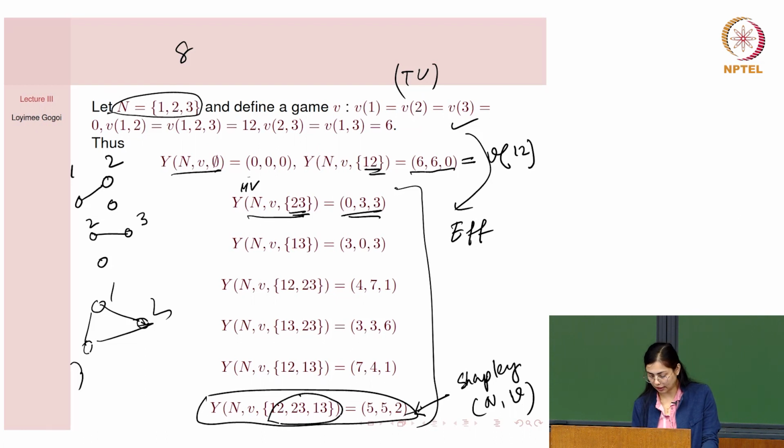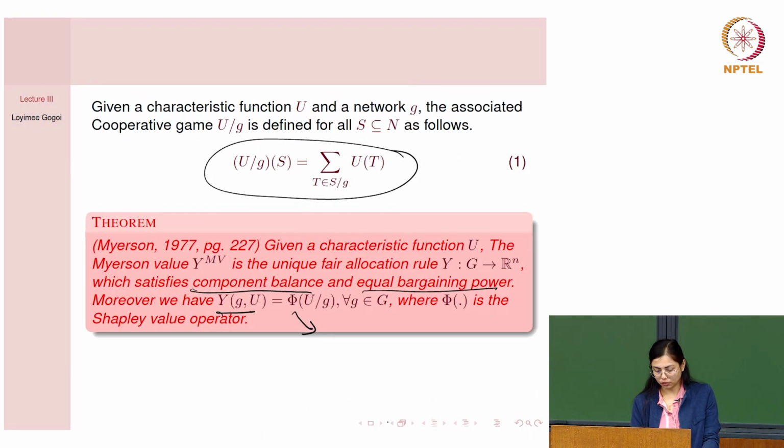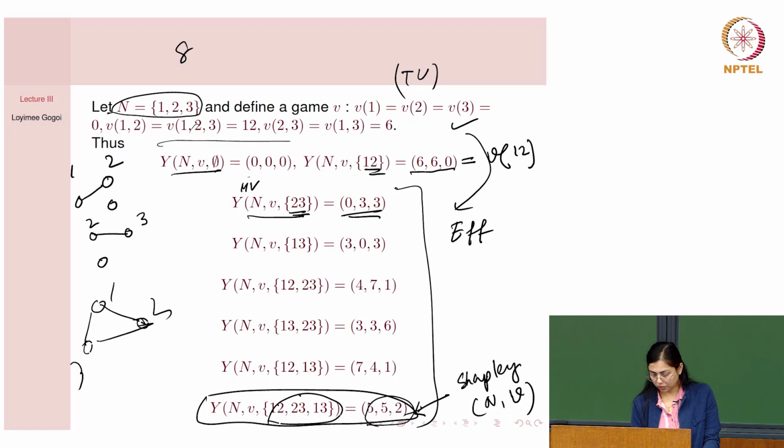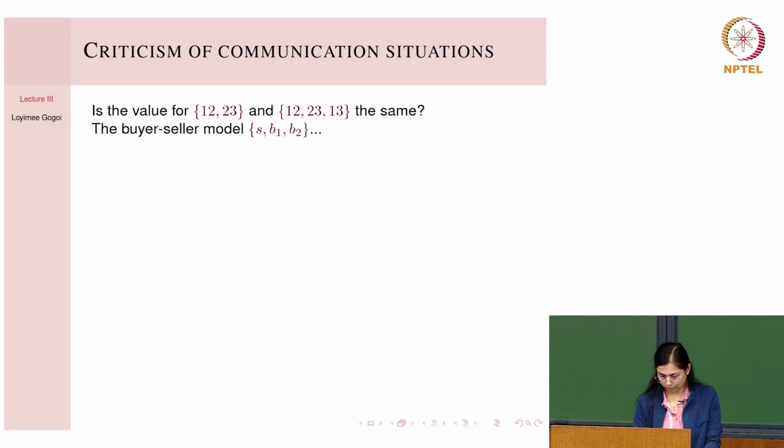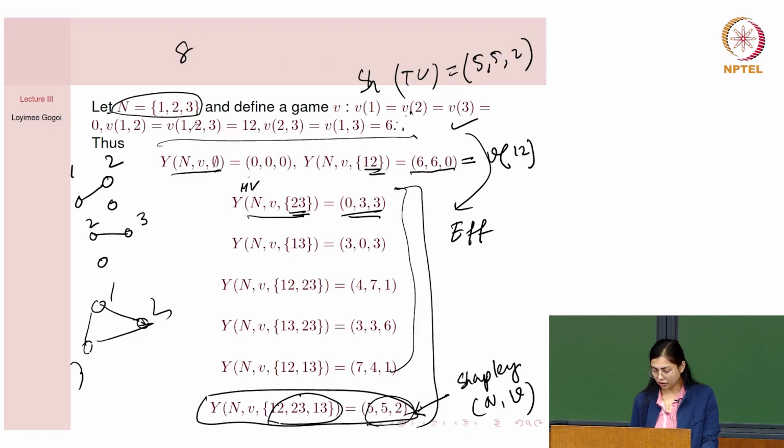This is for the complete graph, and this is the Shapley value for this TU game, the cooperative game. Then definitely we can have a complete Shapley value here, and the Shapley value for this game is 5, 5, 2. These are also Shapley values, but this Shapley value is equal to this TU game.